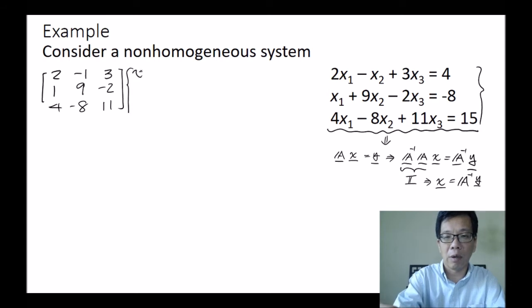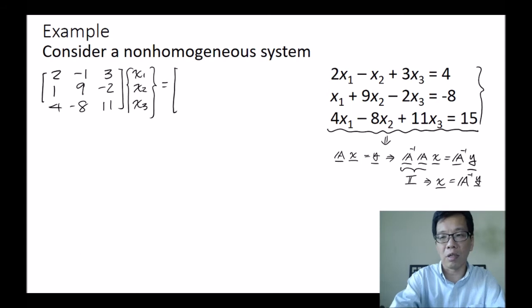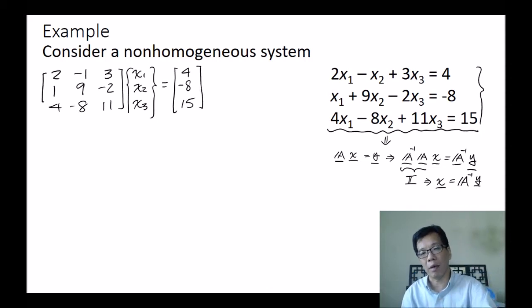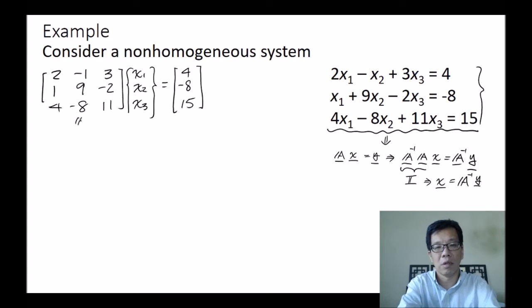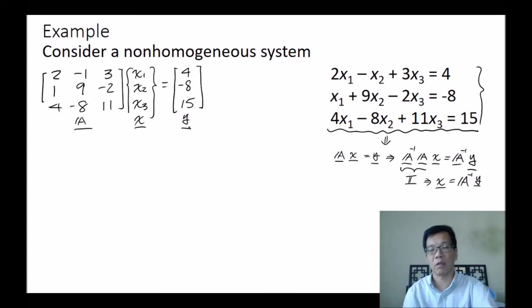Over here, my variables are x1, x2, and x3. The answer on the other side is going to be 4, -8, and 15. Okay, so I got my A matrix, I got my x vector, I got my output vector.